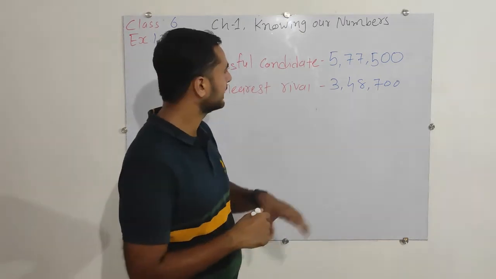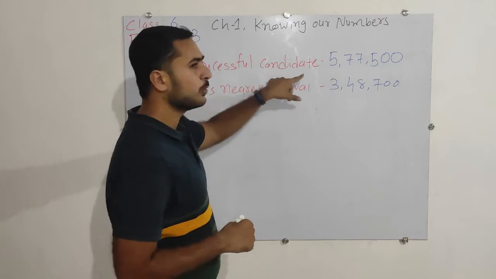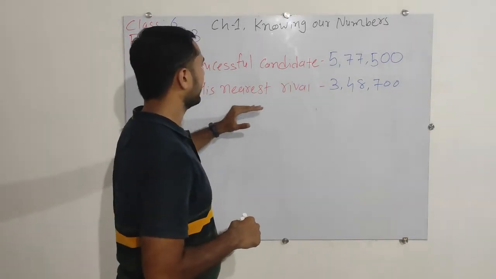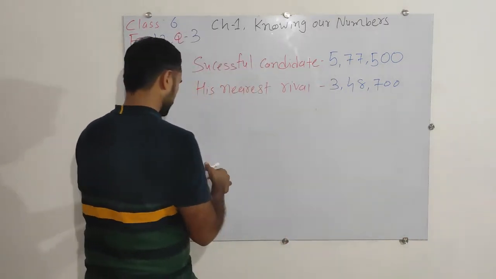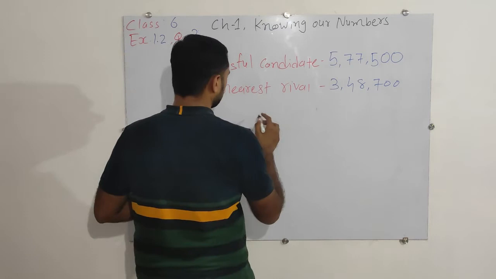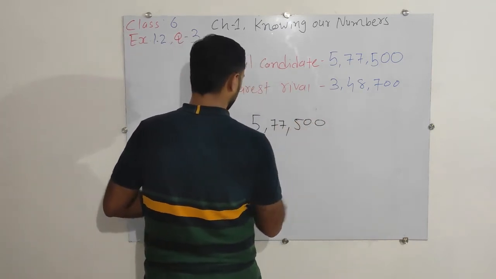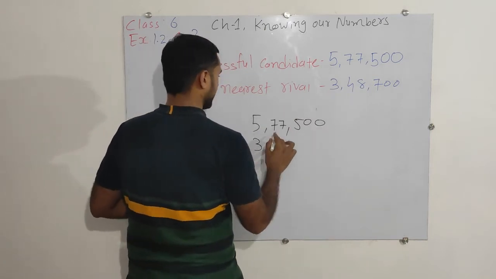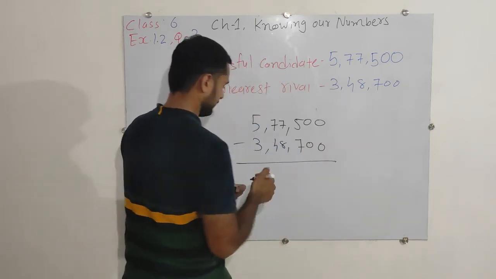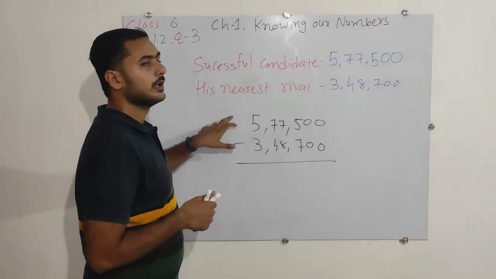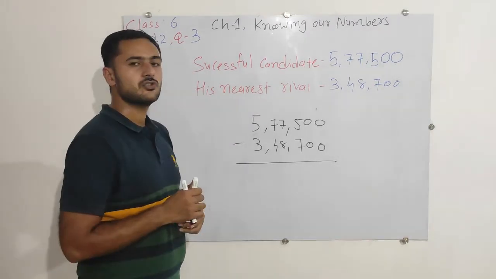The same process we will do here: the votes of the successful candidate minus the votes of his nearest rival. It means I simply need to subtract. So 5,77,500 minus 3,48,700, because this is the votes of the successful candidate and this is the votes of the nearest rival.